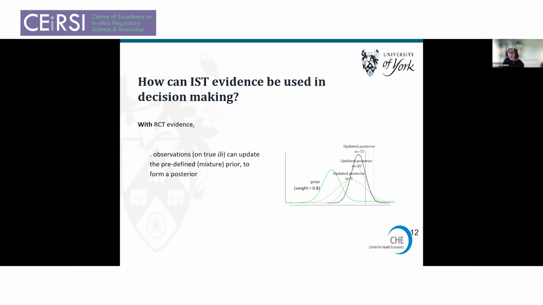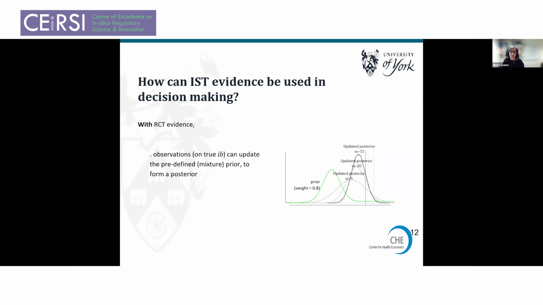I produced these curves assuming that the true value is the blue vertical line. And if you notice, the IST estimate is purposefully inconsistent with that true value, just to show you how updating with data would allow correcting for the bias of the IST in this case.